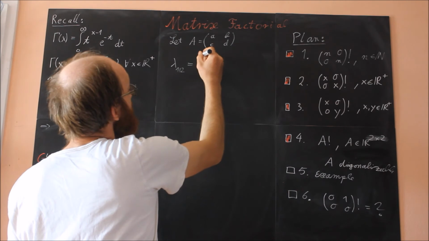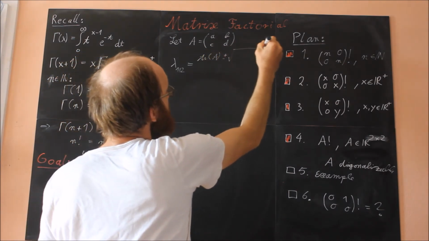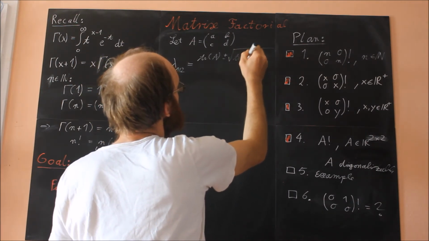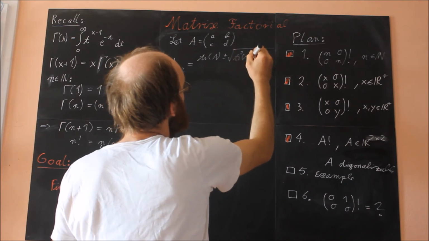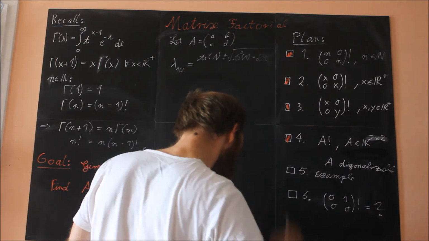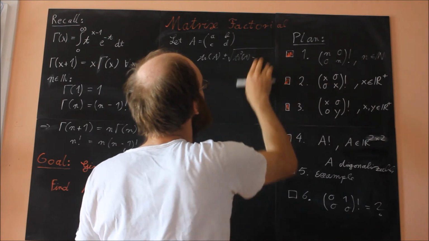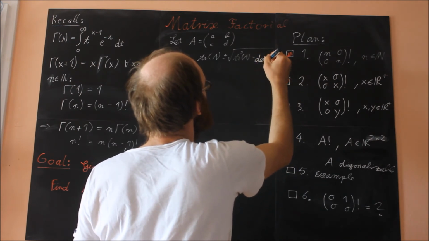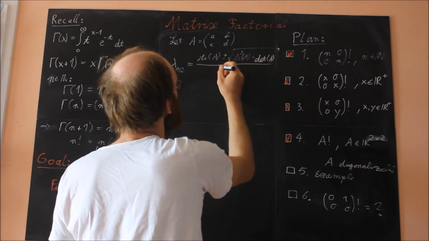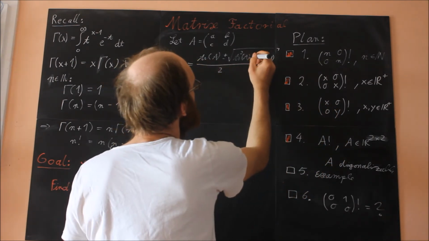the trace of A plus minus the square root of the trace of A squared minus the determinant of A, all over 2, minus 4.